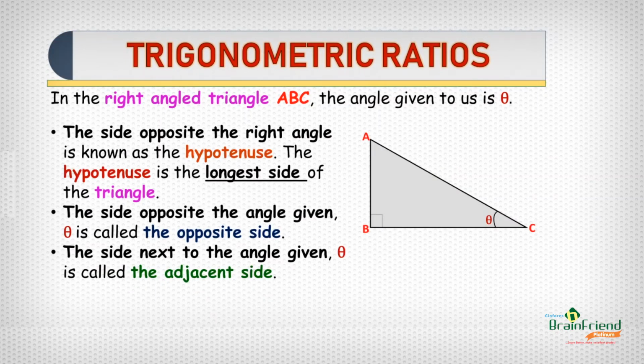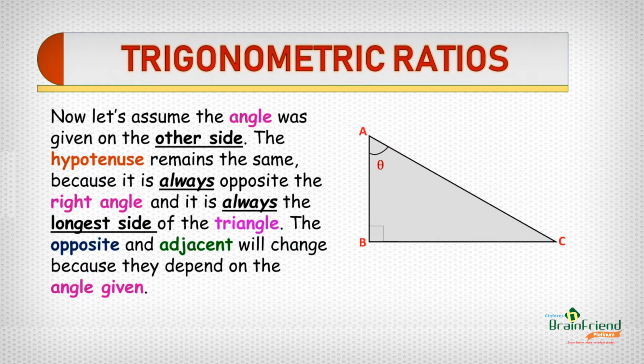Now, looking at our given right angle triangle, where the angle given to us is theta, the side opposite the right angle is known as the hypotenuse. Now, the hypotenuse is the longest side of the triangle. Now, the side opposite the angle given is called the opposite side, and the side next to the angle given is called the adjacent side.